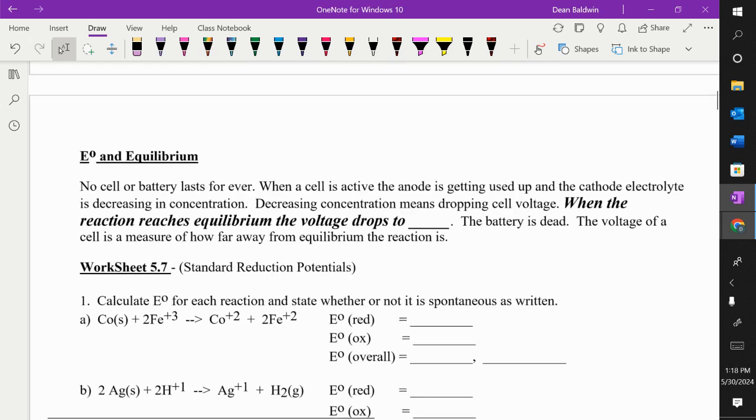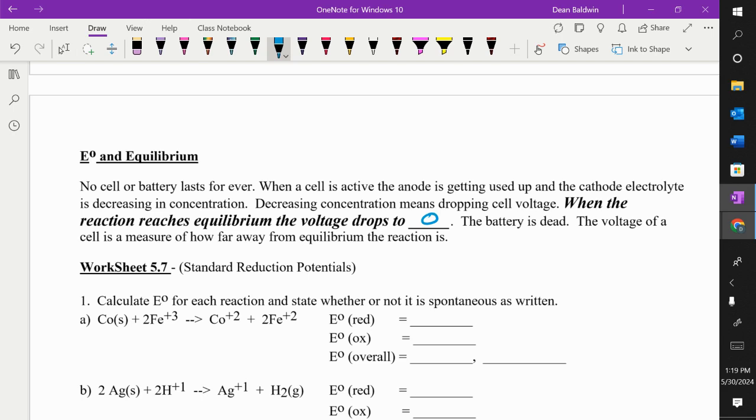Okay, so because we're dealing with concentrations, they can increase and decrease depending on what's happening at each half cell. All right. When they drop, the cell voltage drops. No battery goes forever. It's when you use up all the concentrations of things, the voltage drops to 0 and the battery no longer works. That's what happens when a battery dies.